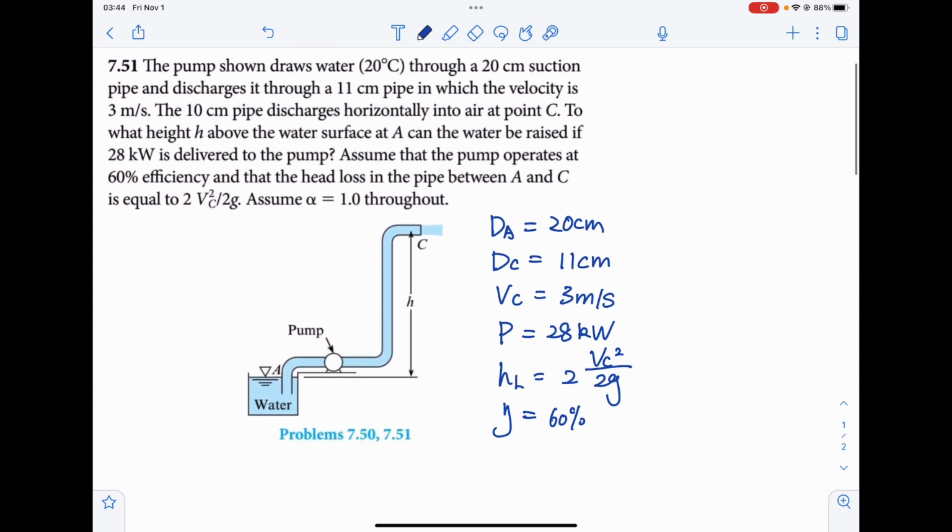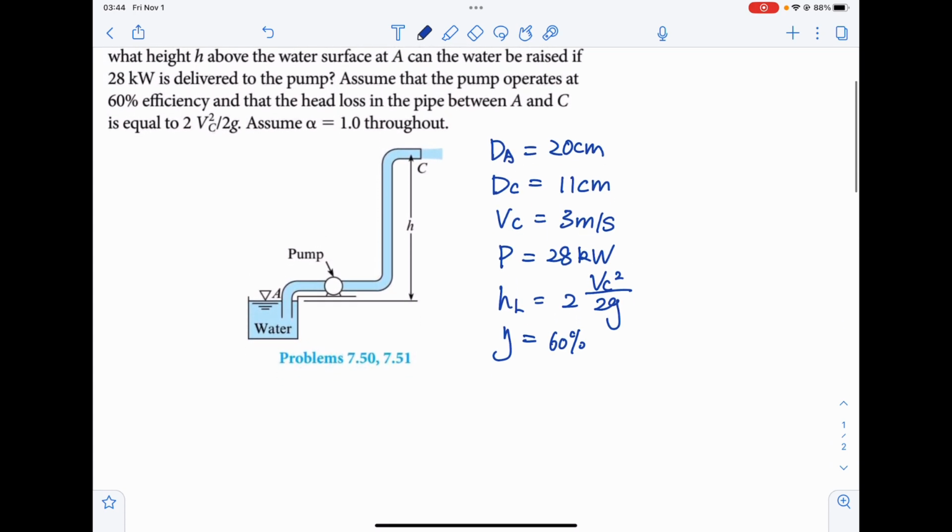The gamma of water at 20 degrees Celsius is 9700 Newton per cubic meter.